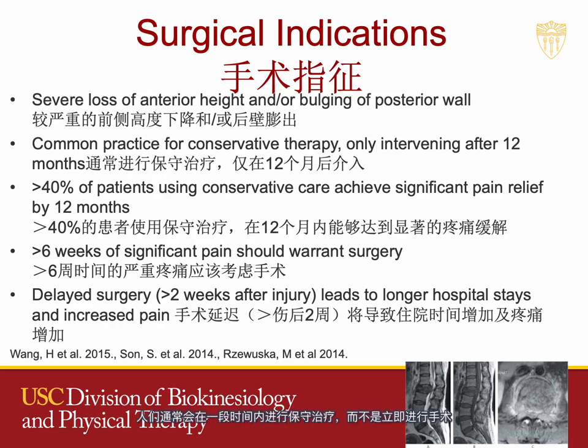It's also common that people will have conservative treatment for a period of time, not do surgery. After 12 months, if there are still symptoms, especially, again, if there are nerve symptoms, then you're going to probably consider surgery. More than 40% of patients using conservative care get good, like complete pain relief at 12 months.